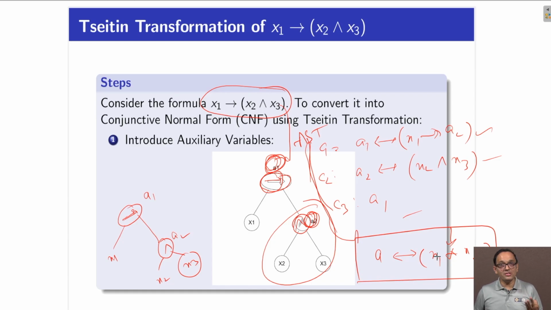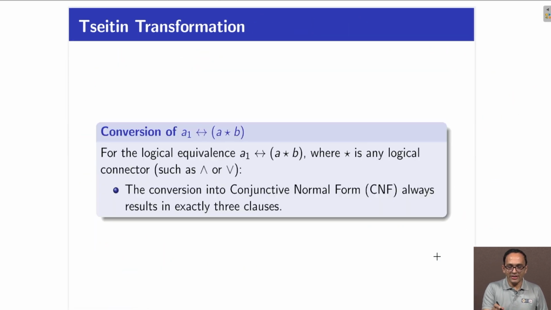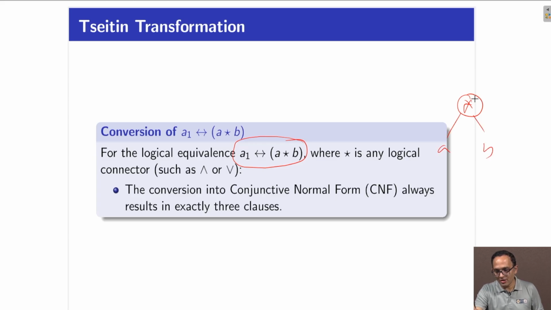This is basically saying that it is not exponential growth. So my generic new clause is A1 by implication (A star B) for some operator star, which can be any Boolean operator of two propositional variables, and the new variable is A1. I have already shown you two cases, but you can check that for any case you will always get three new clauses, which actually helps.